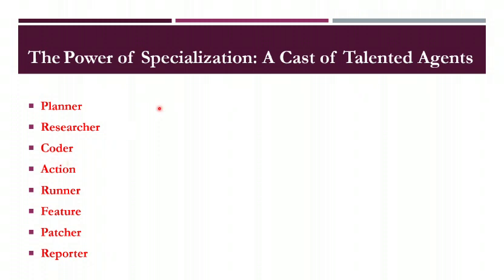Then a coder, which transforms the plan and research findings into actionable code, ensuring proper structure, documentation, and compatibility with various languages and frameworks. Then an action agent. It deciphers your follow-up instructions, identifies the intended action, and confirms it with you with clarity.